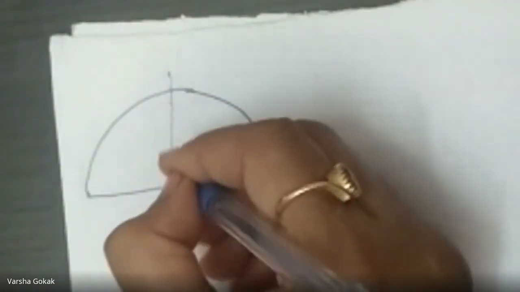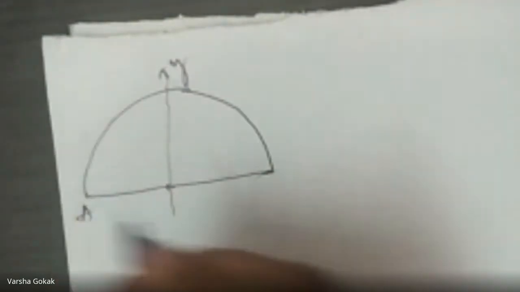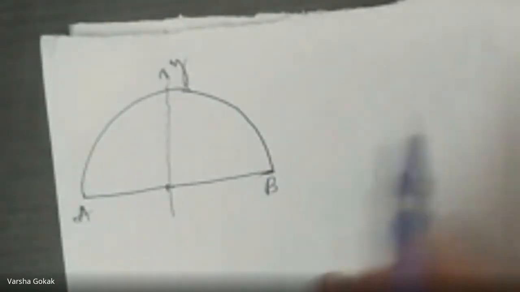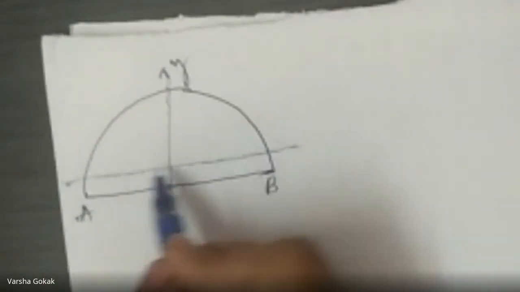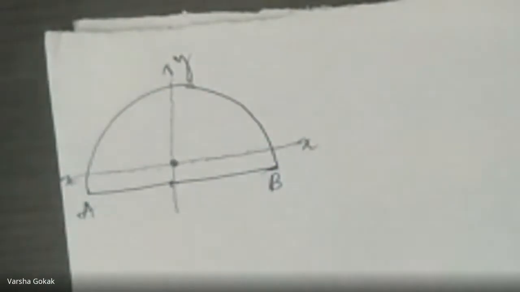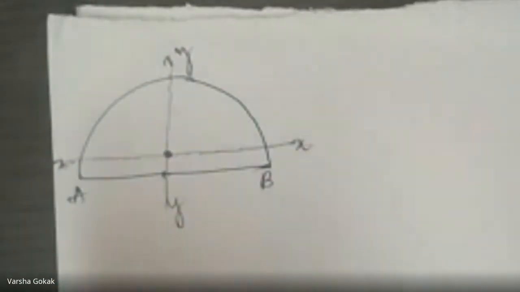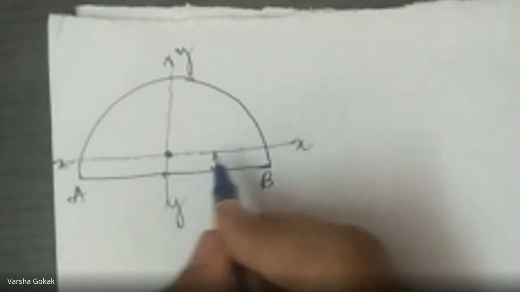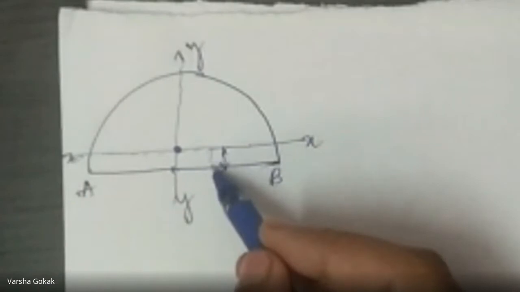Now I will take this as the y-axis, and I'll call this AB, the base, because I know that the semicircle's centroid is here, right? So the x-x axis and y-y axis are always passing through the centroid point. So this is x-x, this is y-y. Can you tell me what is this distance of the centroid? We have done it in the centroid numericals. What is this distance?